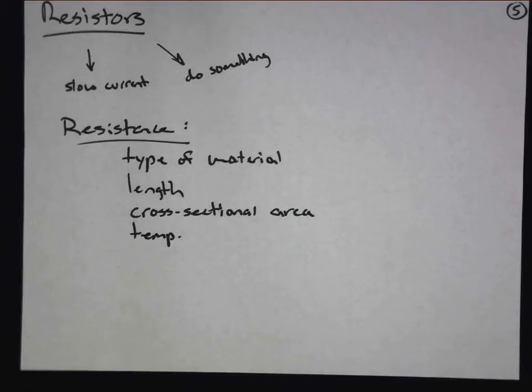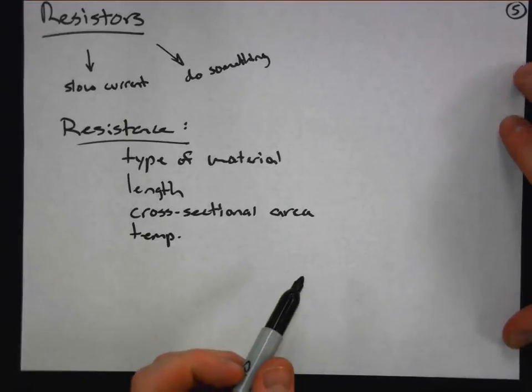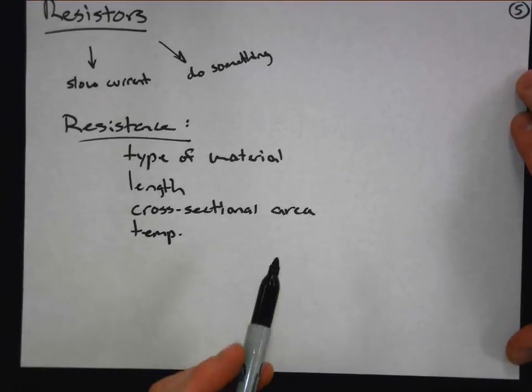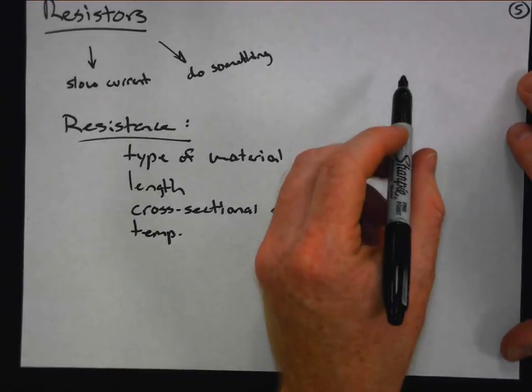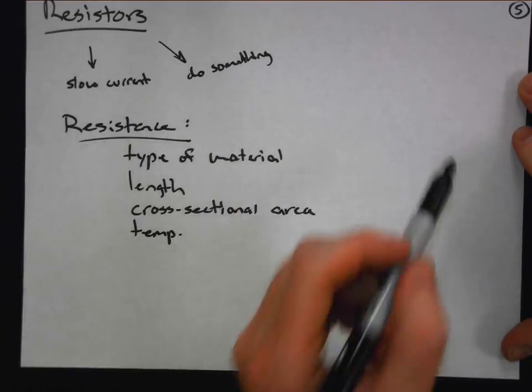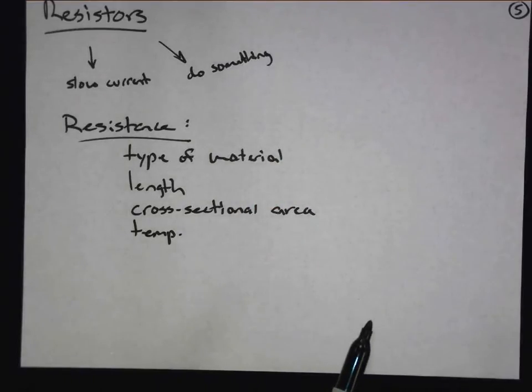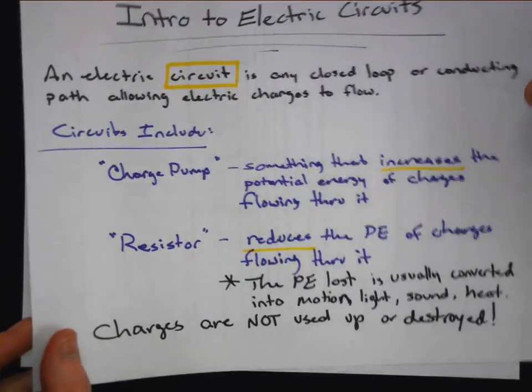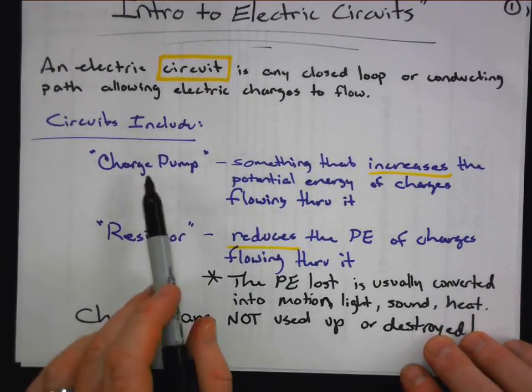Kind of interesting. Now, how do we measure resistance? What you do is you measure the resistance of something by placing a voltage across it. You have to have a charge pump.